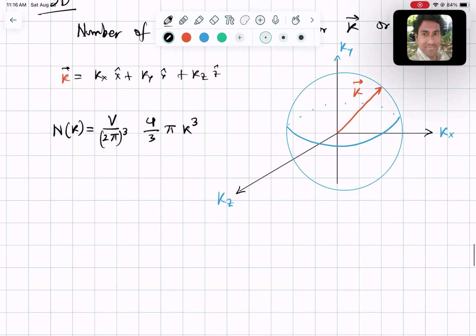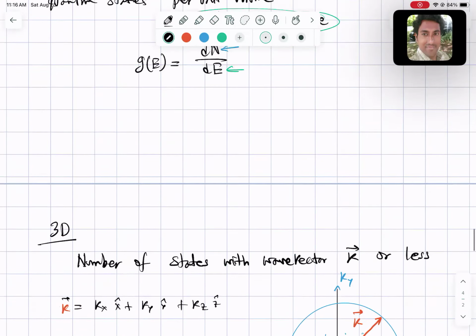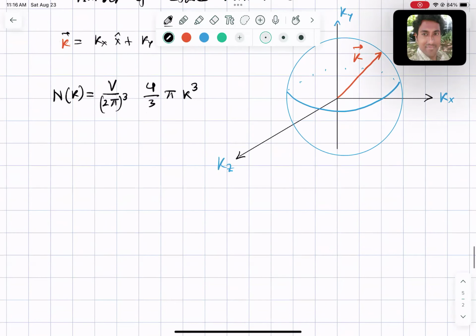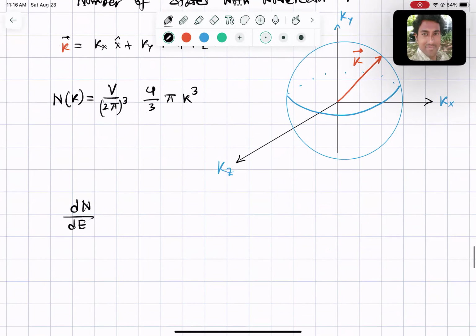So we have n of k, and the formula says g of E is dn over dE, right? So dn over dE is equal to dn over dk times dk over dE, because n is a function of k.